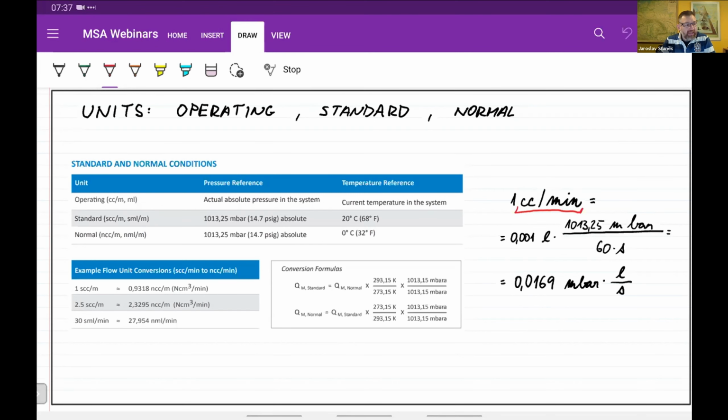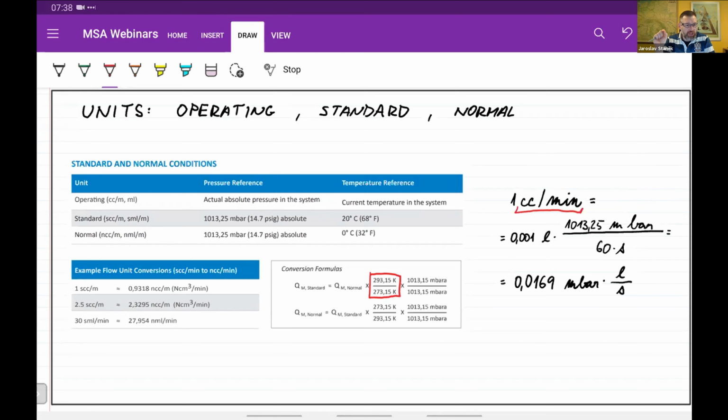And then it is also possible to make the conversion on temperatures, which is done by a quotient. That's the ratio of thermodynamic temperatures, either the operating and the normal, or operating and the standard, so you can recalculate that.